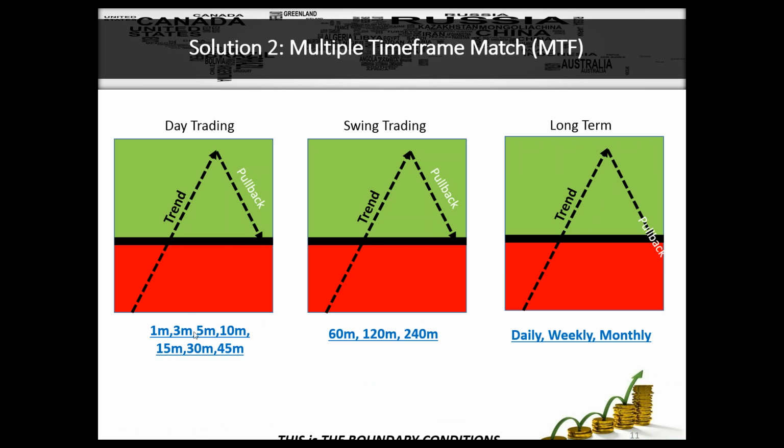So when I talk about the day trading zone, I'm talking about the 1 minute, 3 minute, 5 minute, 10 minute, 15 minute, 30 minute, 45 minute. Any time frame that you trade in day trading, it doesn't matter. Then you go over here, and you need to make sure it has the same support as the 60 minute, 120, 240, and then you also have the daily, weekly, monthly.